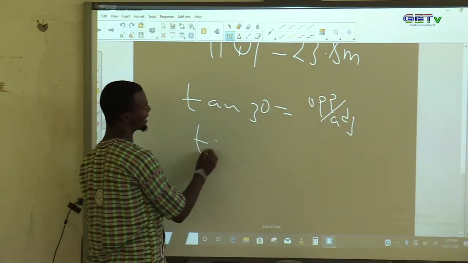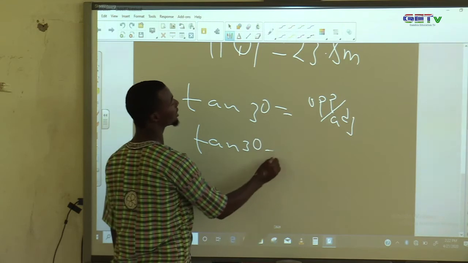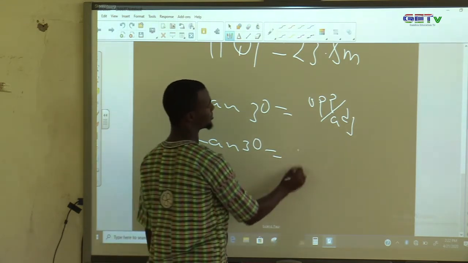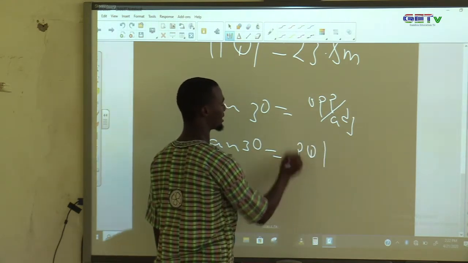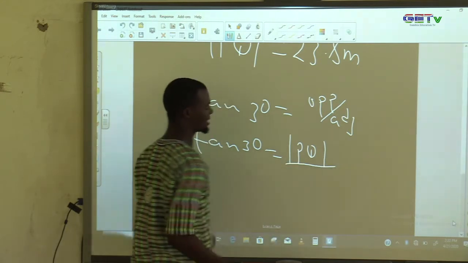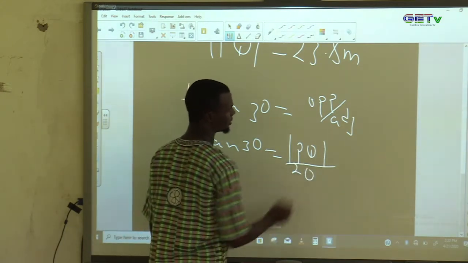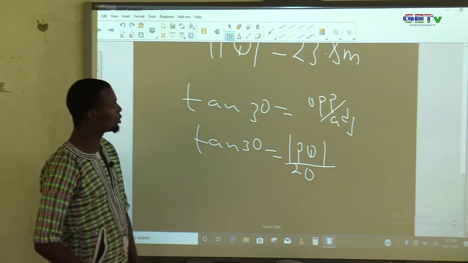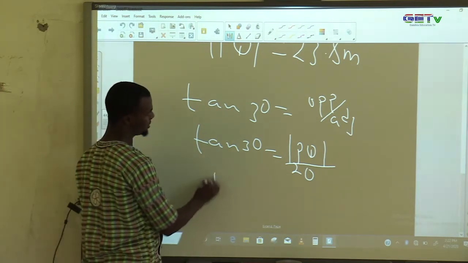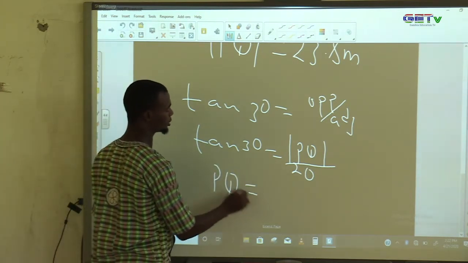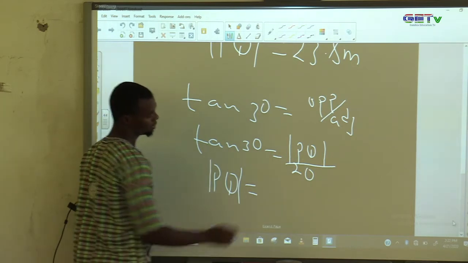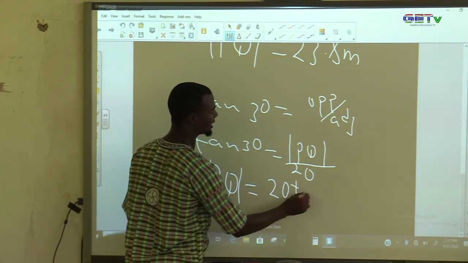So we will have tan 30 equals the side PQ all over the adjacent, which is 20. If you cross multiply, our PQ will be equal to 20 tan 30.